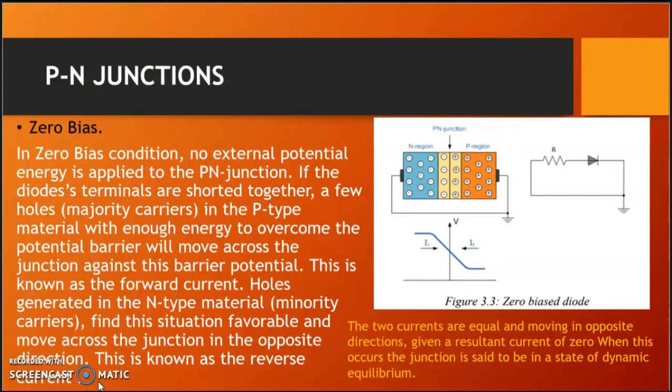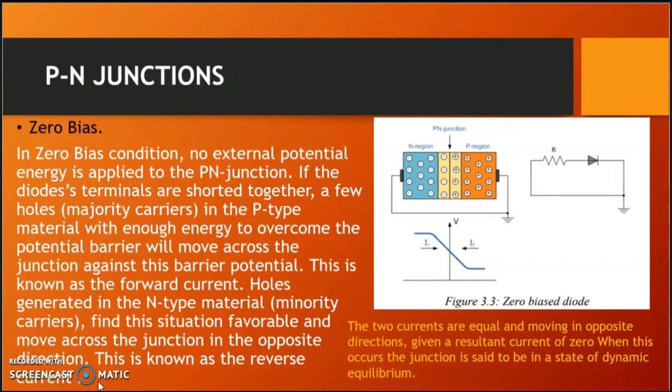Immediately we do that, some holes that have energy in the p-type will try to move across to the n-type, and those holes that are already in the n-type, the minority charge carriers over there, will find this situation very favorable. So they will also try to move back to where they are coming from.